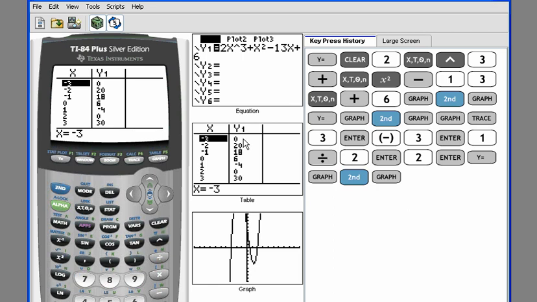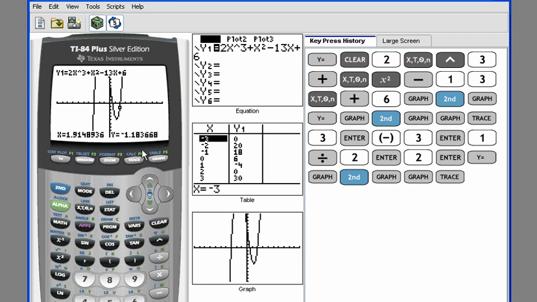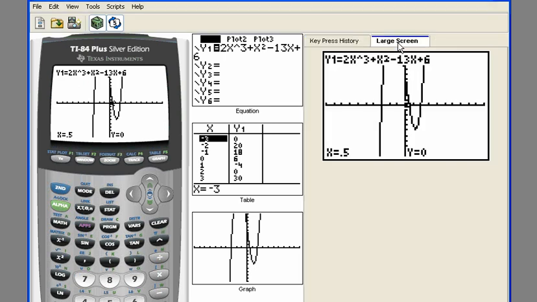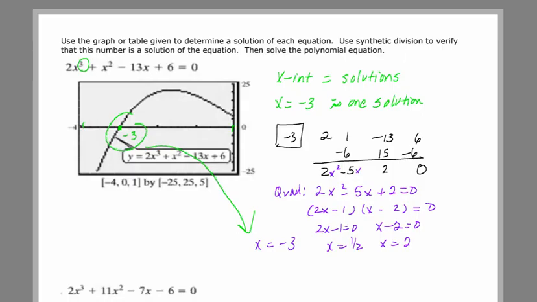One answer is at -3, one answer is at 2, and the third one, since it's a half, if we go to the graph and trace, you can type in 1 divided by 2, press enter, and it'll show you, yep, that one is a 0. So you can look -3, 1/2, and 2. So that validates our work that we did algebraically.